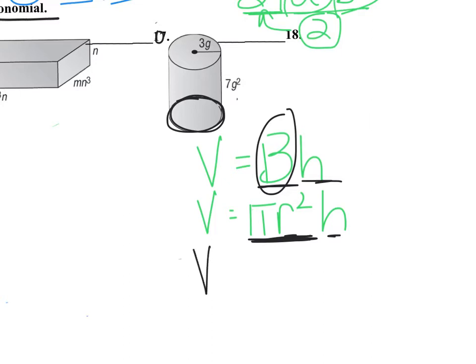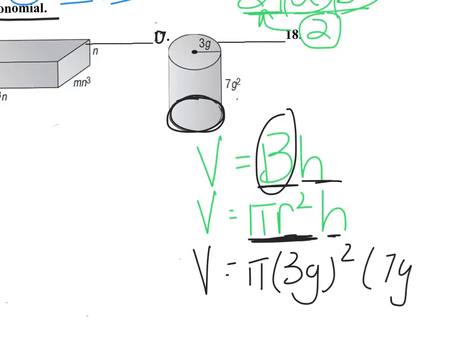Once you substitute it in, you should get volume equals pi times 3g squared times the height, which is 7g squared. And again, 3g in parentheses squared outside is 3g times 3g times 7g squared.